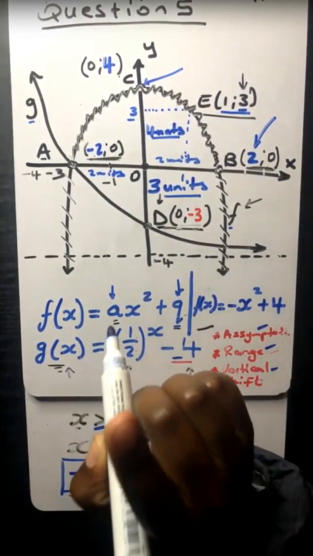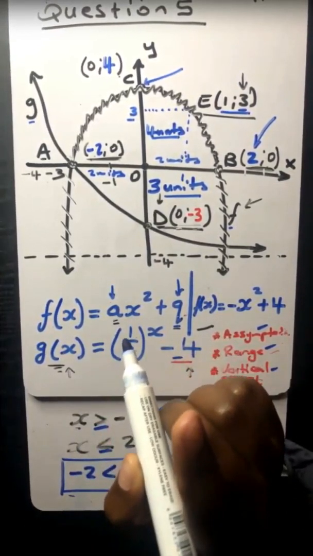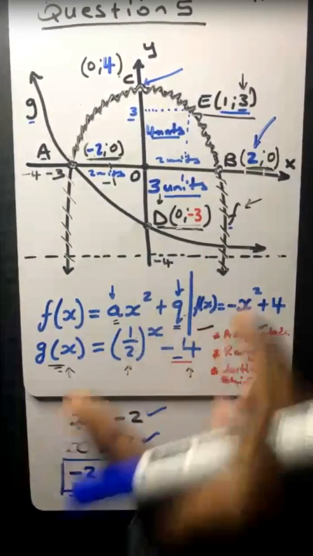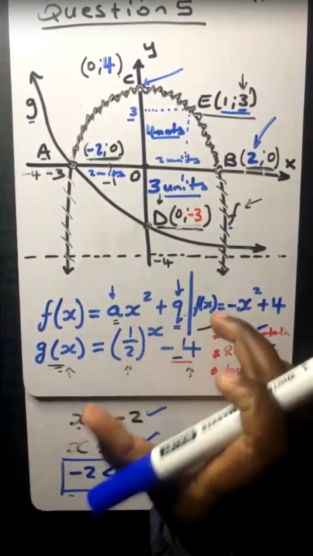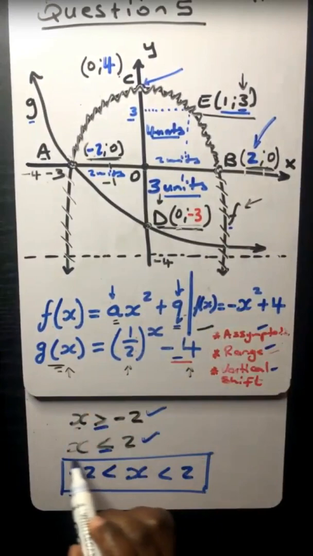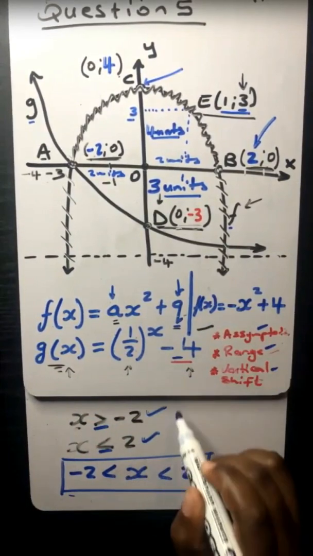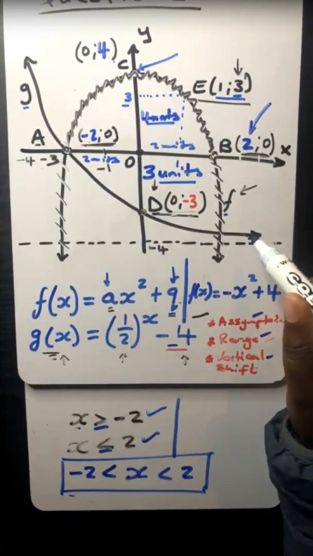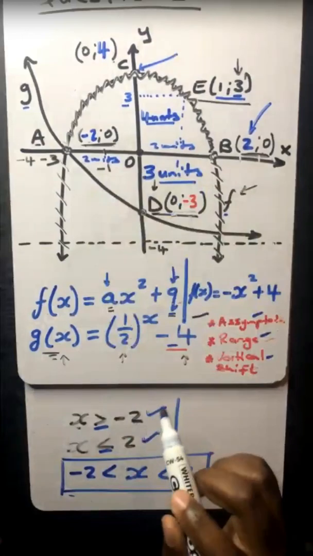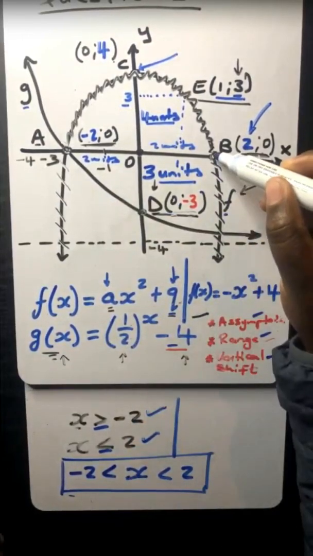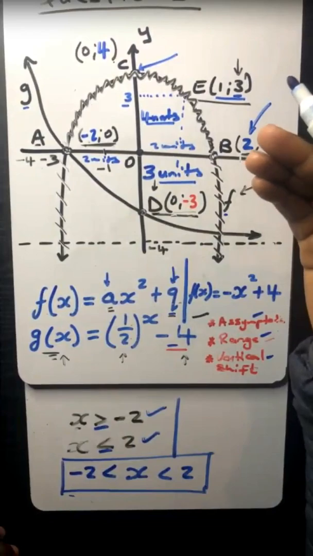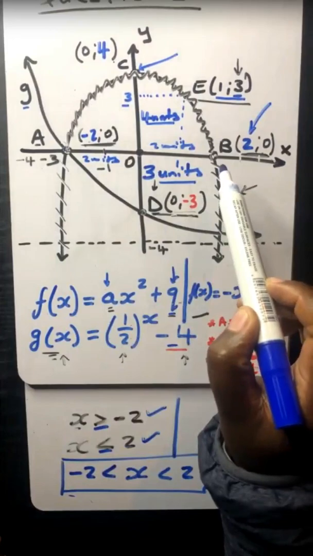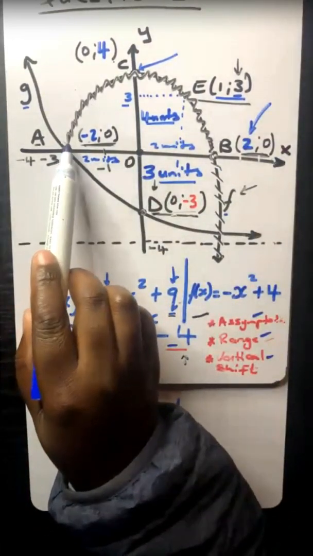That's if you are talking about the values in between. But if you are talking about the values which are not in between, you will never represent it like that. You will write it as separate answers. For example, if they said for which values of x, whatever, greater than 0, you are still going to refer to those two x values, but in this case you will say that's where x goes in that direction.